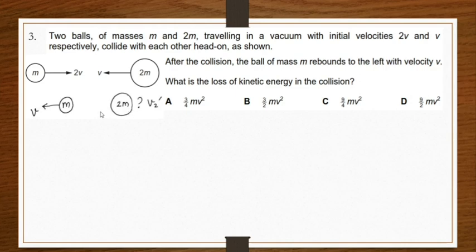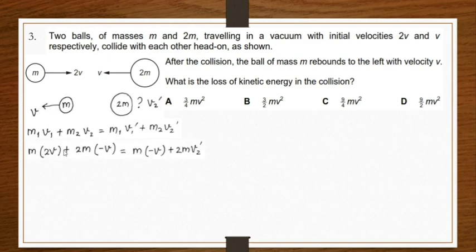So first we have to write down the conservation of momentum. m1 v1 plus m2 v2 equals m1 v1 prime plus m2 v2 prime. Let this be mass 1, let this be mass 2. So m1 is m multiplied by v1, which is 2v, plus m2 is 2m multiplied by v2. It should be negative v because the direction is to the left, opposite to the direction of the first object.